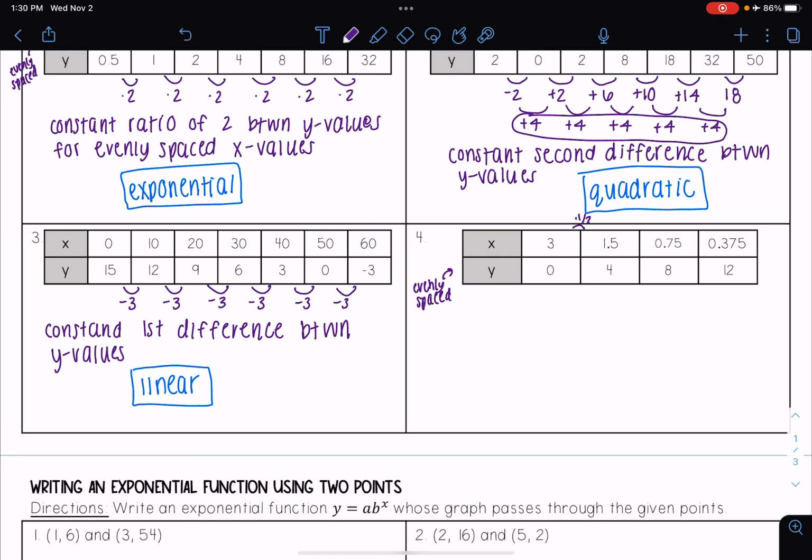Or in other words, I'm dividing by 2. And so here I have a constant ratio between x values this time. And so this time, since I have a constant ratio between x values for evenly spaced y values, that is going to make this data set logarithmic.